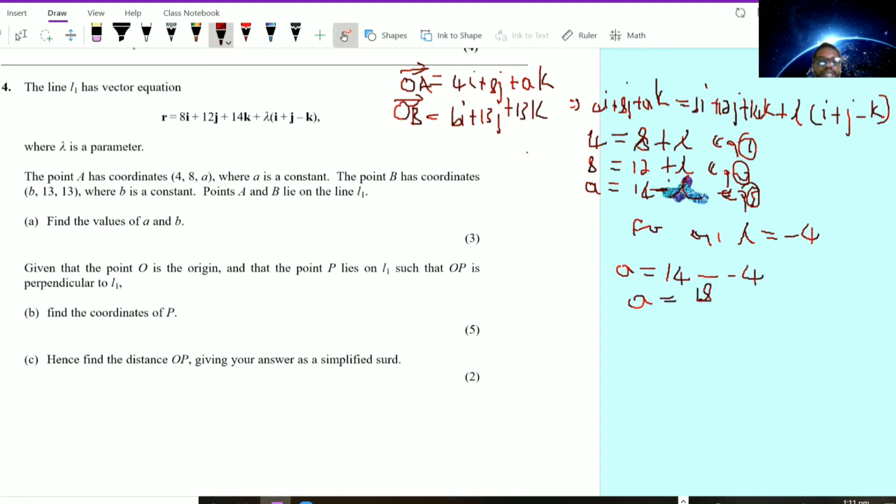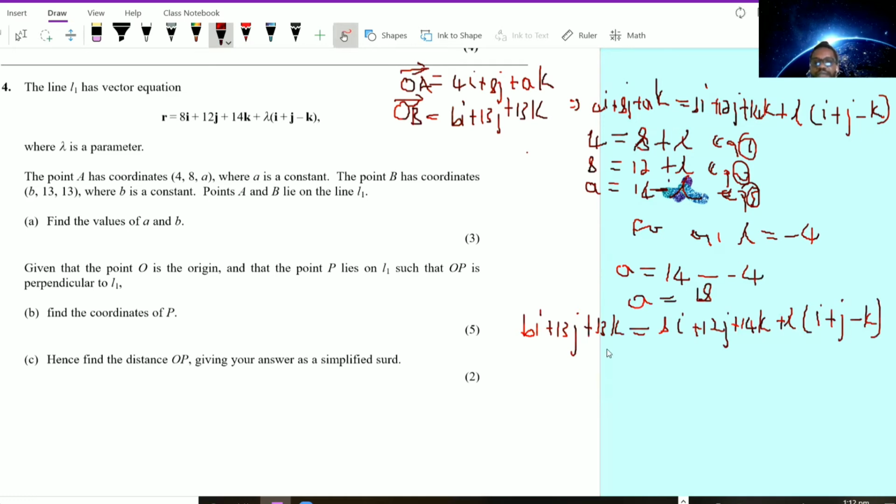Now, of course, you're going to be taking the same approach to find B. So this time I'm using OB. Now, OB, which is going to be Bi plus 13j plus 13k, would be equal to 8i plus 12j plus 14k plus lambda times i plus j minus k. Same concept.